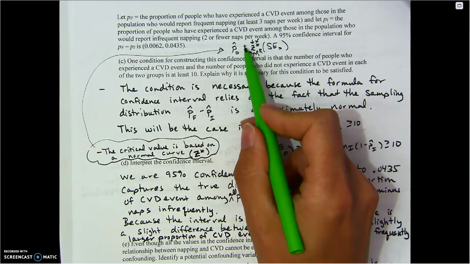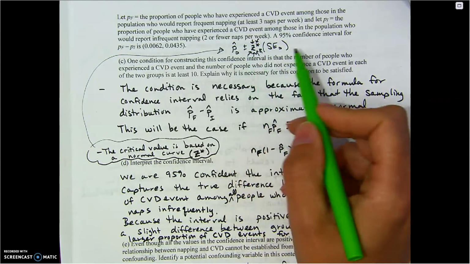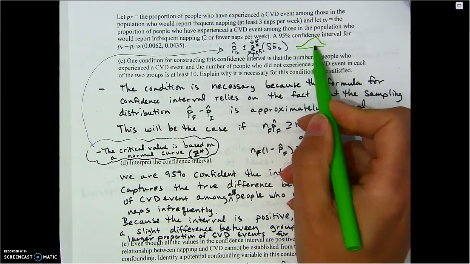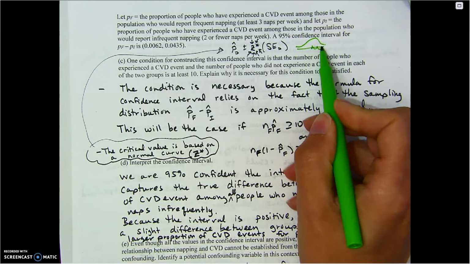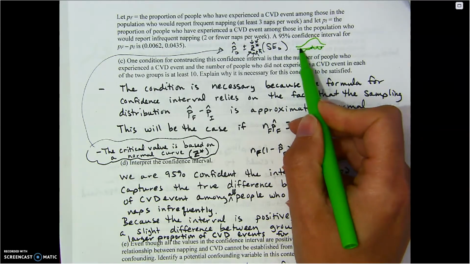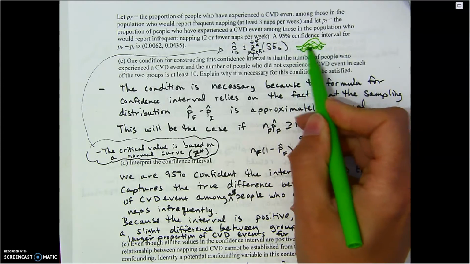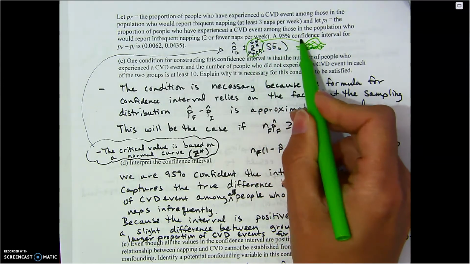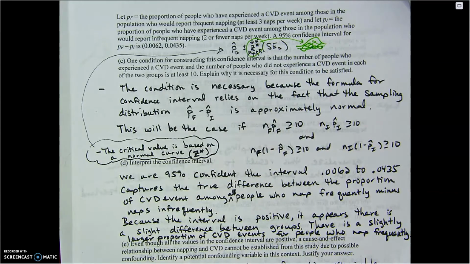Z star, that's your critical value, is based on how many standard deviations away from the mean you are willing to go. How many hops are you willing to go to cast your net? So this critical value is based on bell curves.